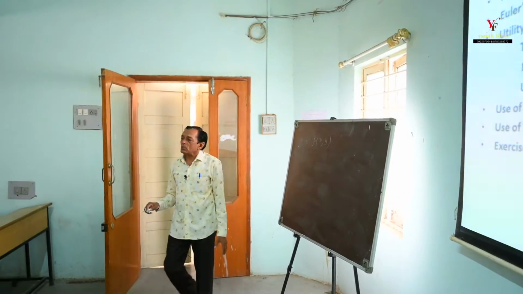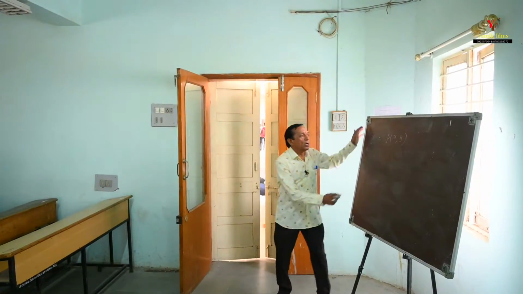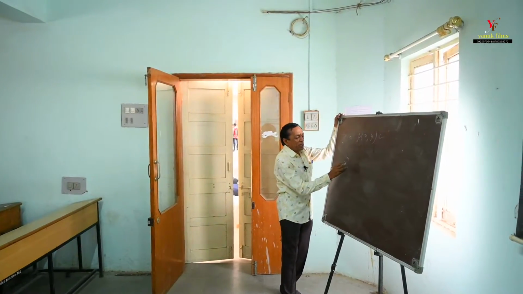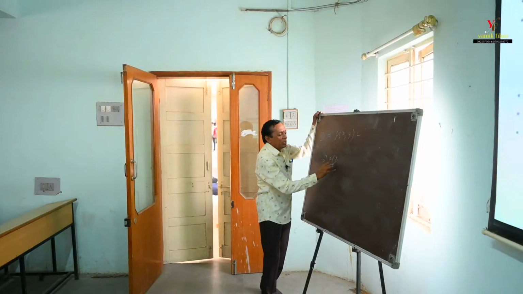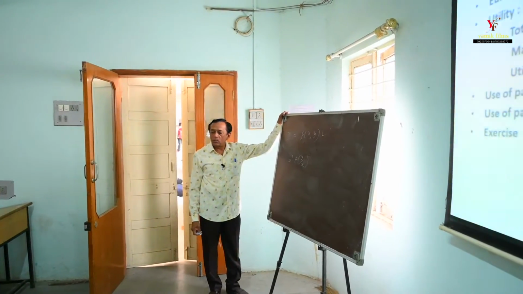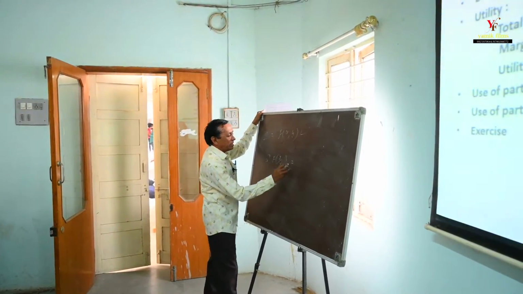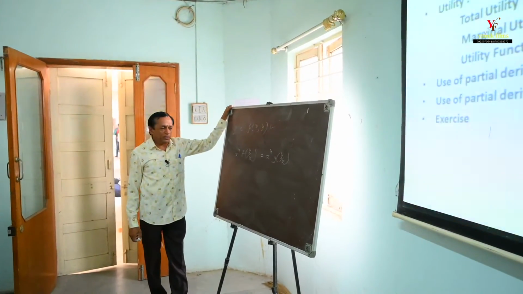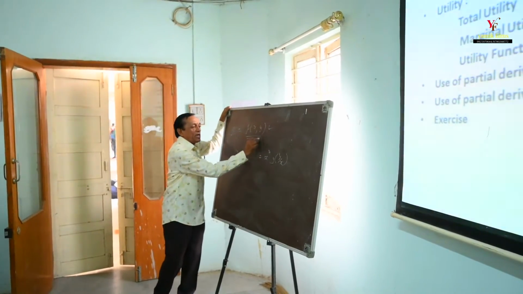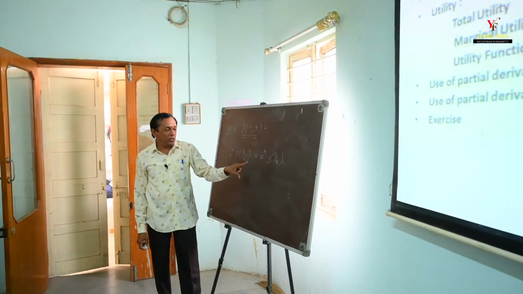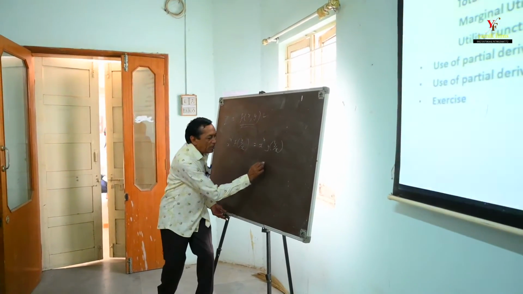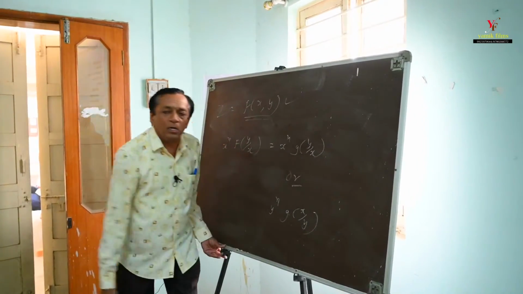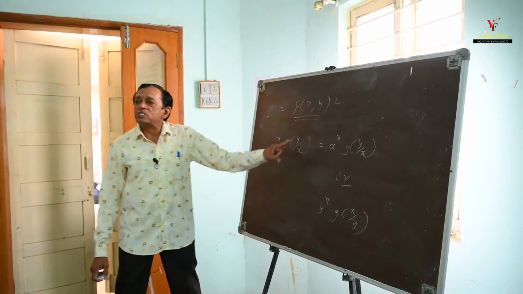We have to represent it as x to the n times f of y upon x. We can say it another way, x to the n times g of y upon x. So the function f of xy has to be represented in the form x to the n g of y upon x, or y to the n times g of x upon y. Then the given function is a homogeneous function.